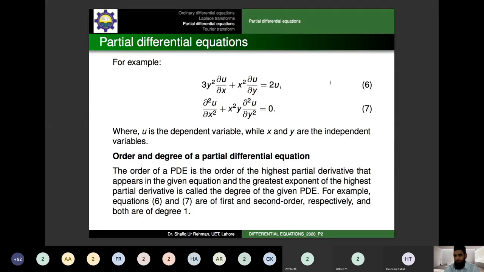So we say that equation number 6 is of first order and first degree partial differential equation. The second one is of second order, but the combined power is 1 in both cases. So the degree is going to be 1. Equation number 6 is an example of a partial differential equation of order 1, degree 1. Equation number 7 is an example of a partial differential equation of order 2, but degree 1.